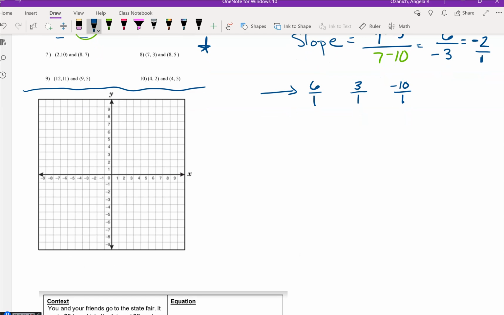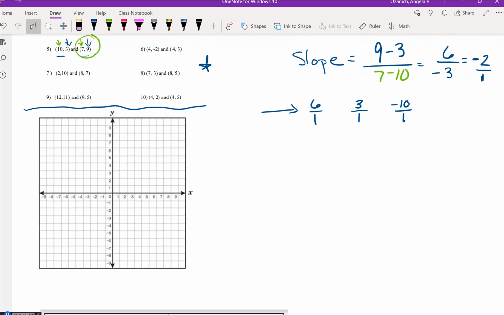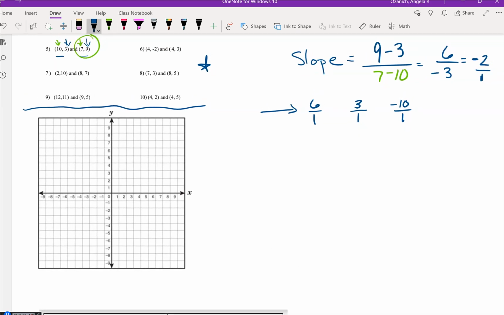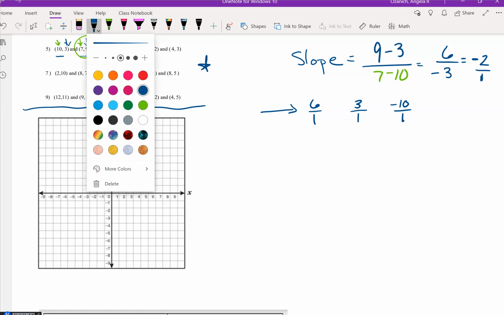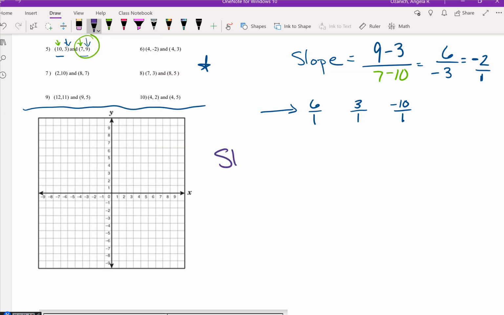The next piece of your homework is going to be to tackle this idea of the slope-intercept form of the equation. And it's called slope-intercept, so let's just write the word slope, and intercept. And that's going to be the y-intercept.